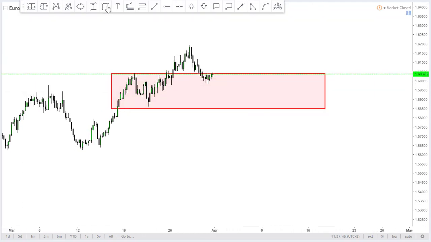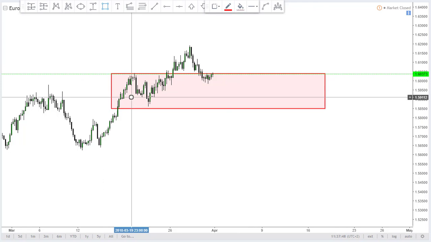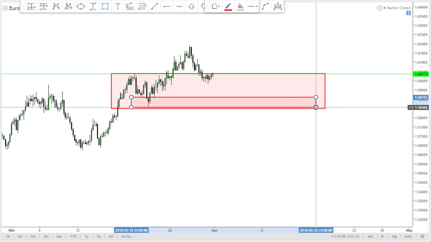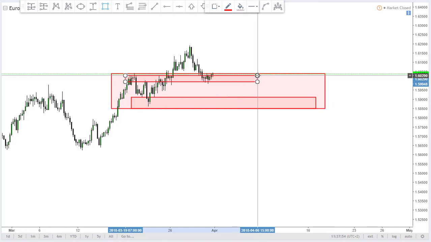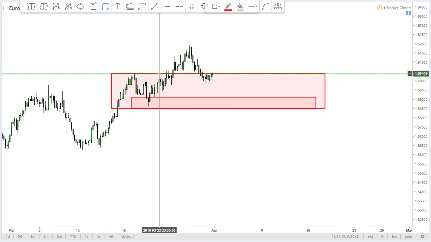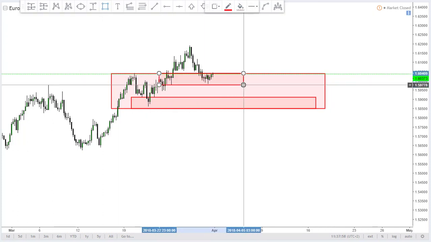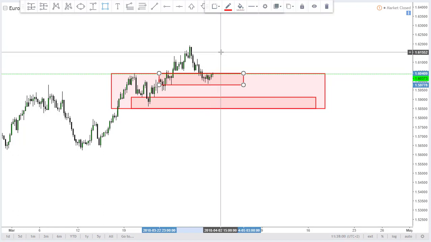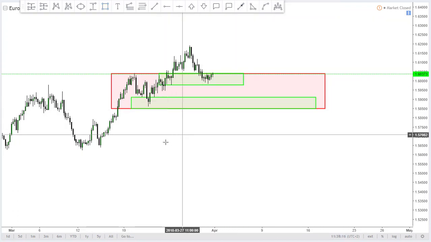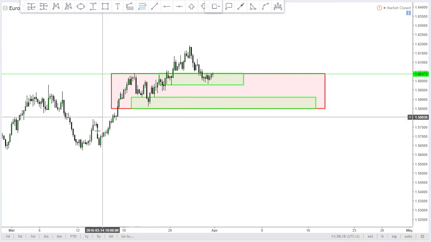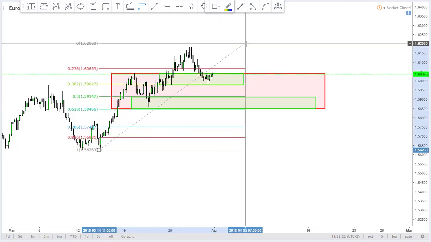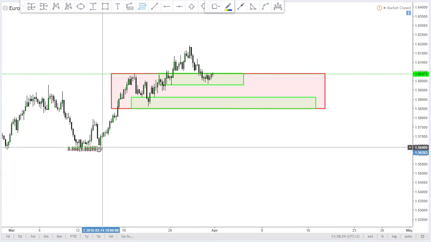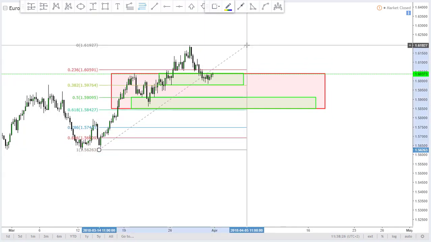Okay, so we have two zones right here. We have this zone, and this zone where the market is currently sitting at, which is somewhere right here. From these two zones, I'm going to take my Fibonacci retracement tool from this swing low right here to this swing high.